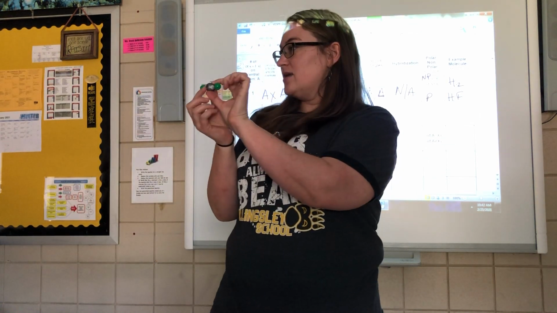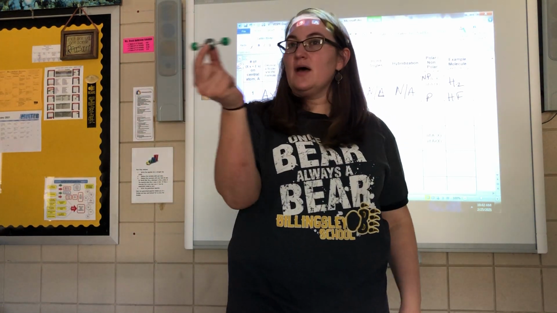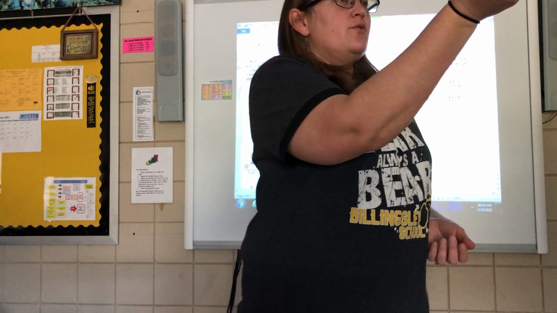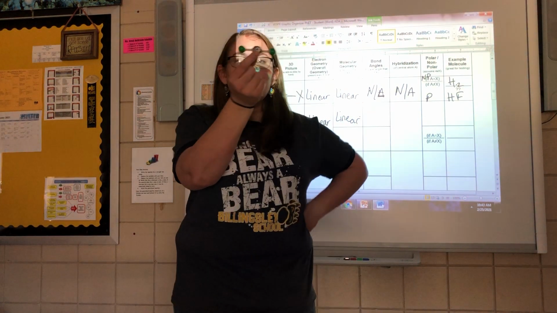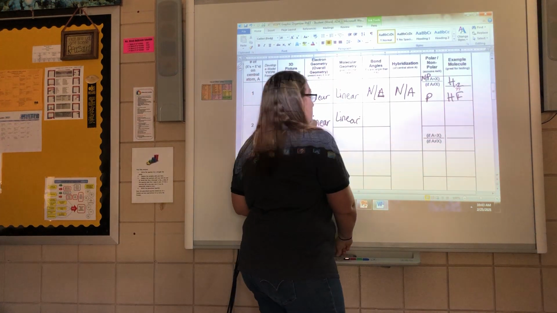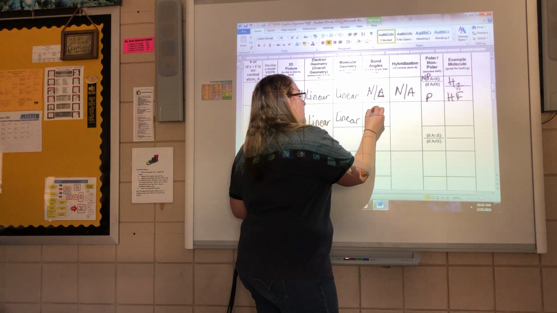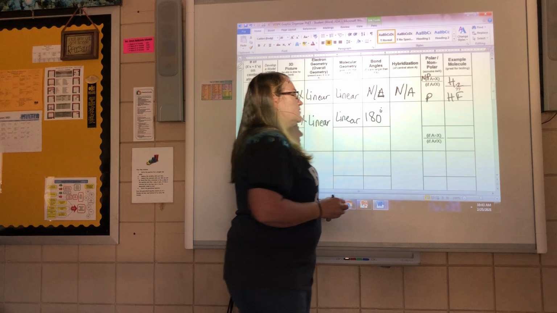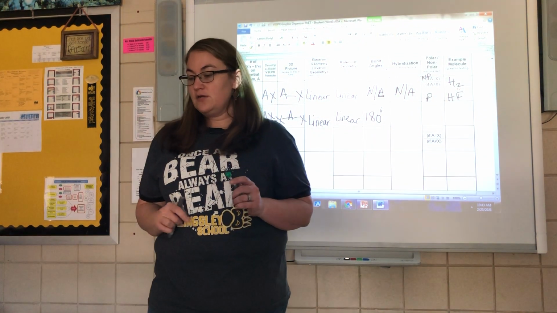So we've got 3 atoms now, so we can say that we have a bond angle. What is this angle going to be? If it's linear, what is my angle? 180. 180, okay? So my bond angle is 180 degrees.